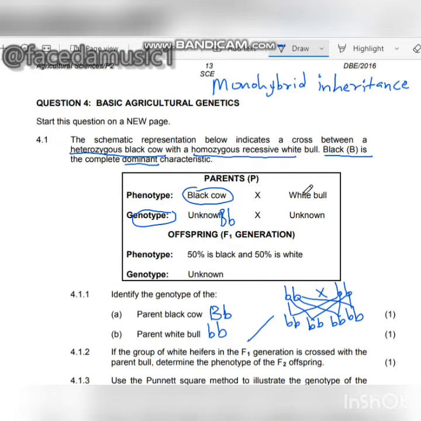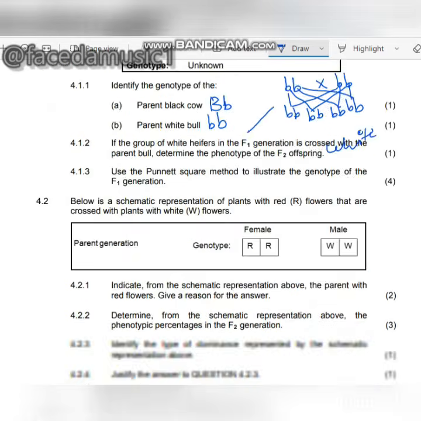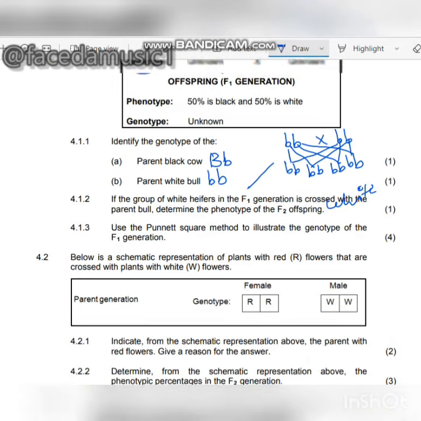Now, in the phenotype of the bull, we have a white bull, and in the genotype, we're going to have small letter b's. So this is the difference between phenotype and genotype. Phenotype is the physical appearance, and genotype is the genetic makeup. So we're going to use the physical appearance, which is white.